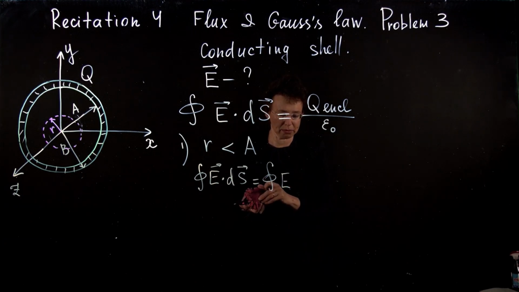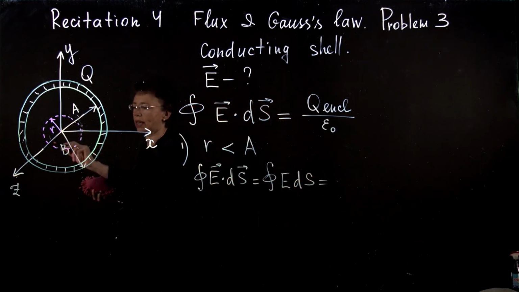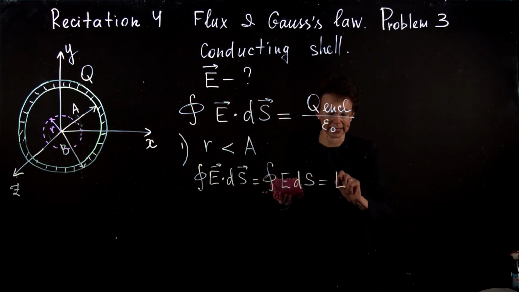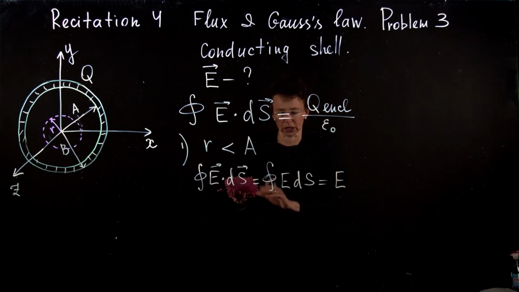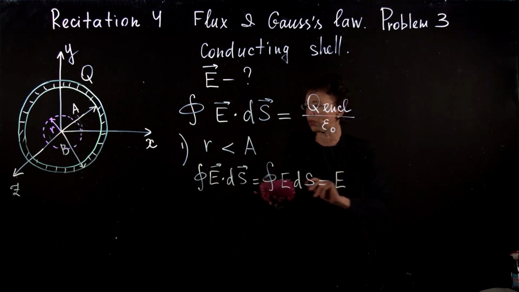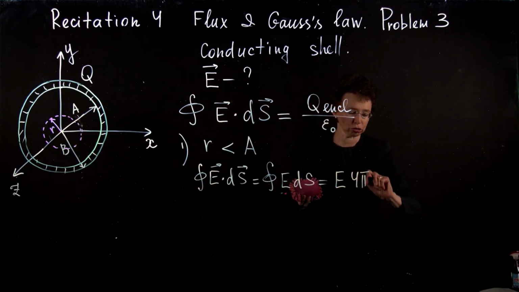Now from symmetry we understand that the electric field is the same at each point of this imaginary sphere. I take E out of the integral, it's constant, and the integral of ds is the area of this sphere, which is 4 pi r squared, where the radius of our sphere is arbitrary r.